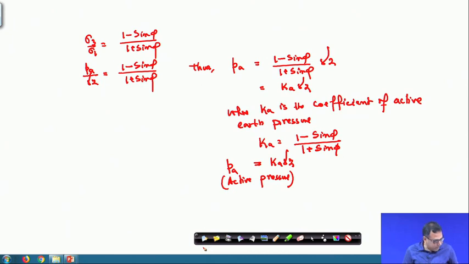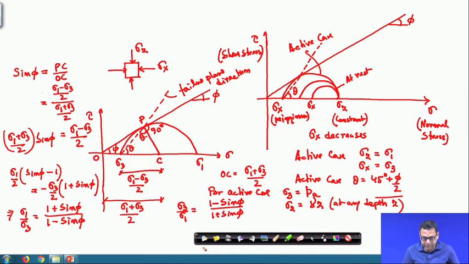Now, if I go back to the previous slide. So, this is our active case. Now, in the passive case, what will happen? The wall will move towards the backfill. Now, if wall moves towards the backfill, then the lateral stress on the soil element will increase. Okay?